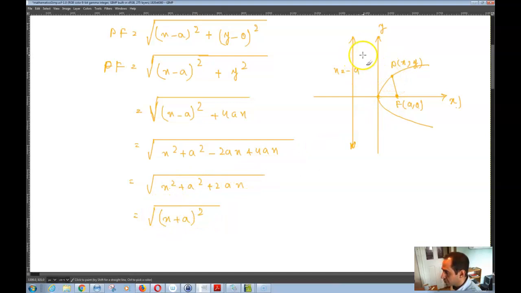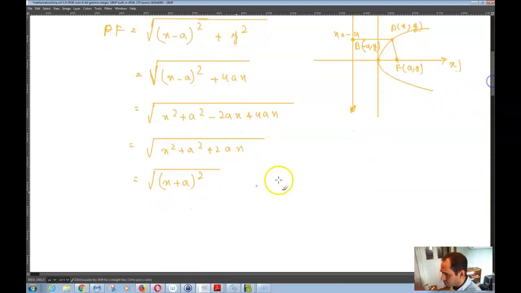Now basically this distance over here, if I call it PB, this point B with coordinates, for example, negative a comma y, if I calculate this distance, is going to be equal to the square root of, so the points are x comma y and negative a comma y.